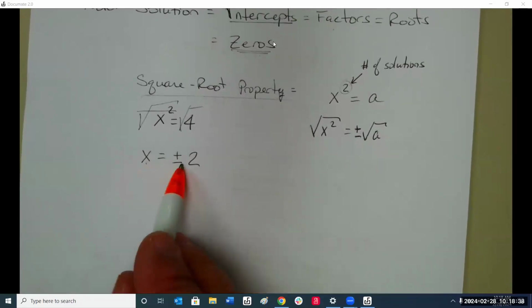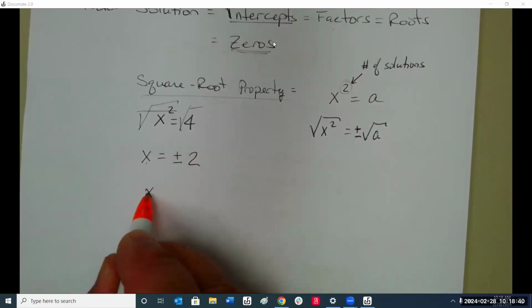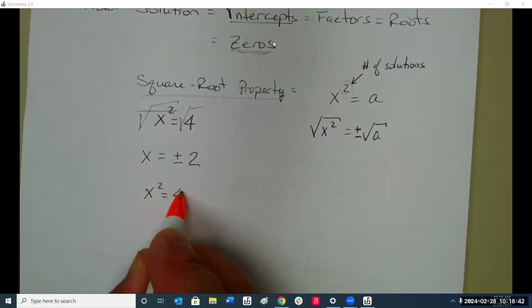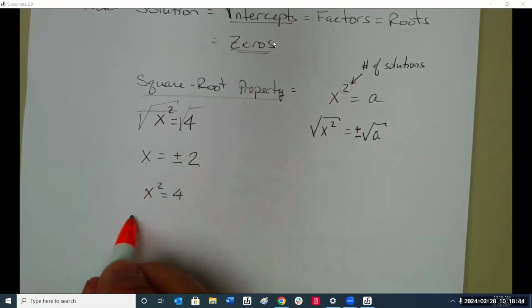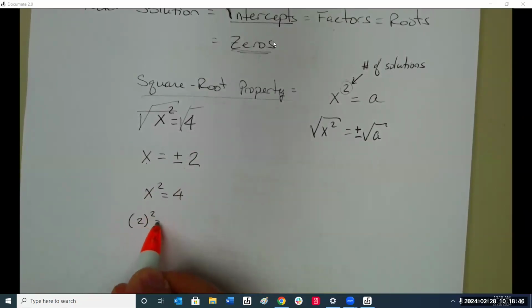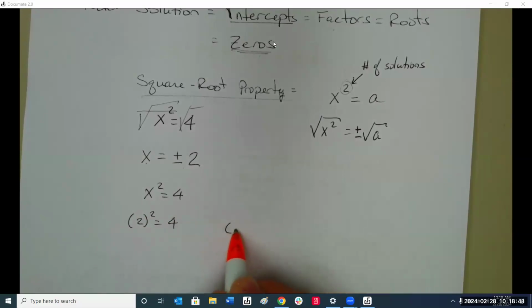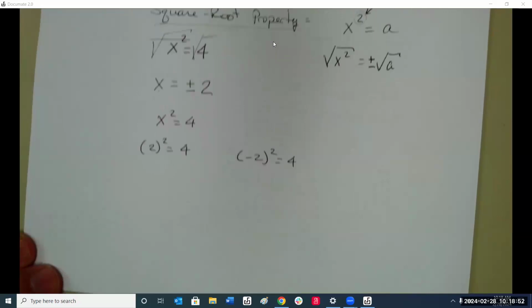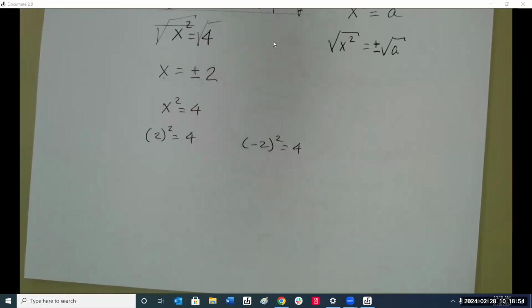Now, what I'm saying here is, in my original equation, x can be either positive 2 squared, or negative 2 squared, and they both equal 4. So whenever you take a square root of x squared, you have to have a plus or minus in front of the answer.